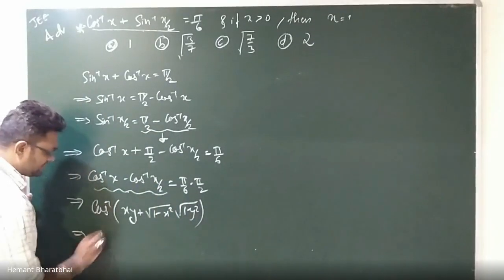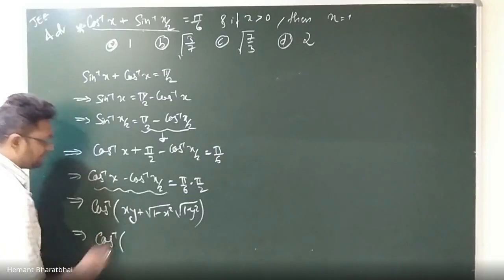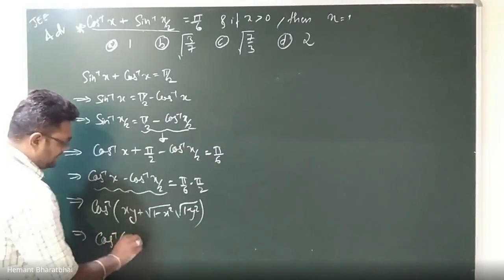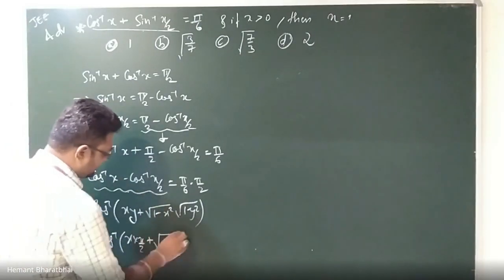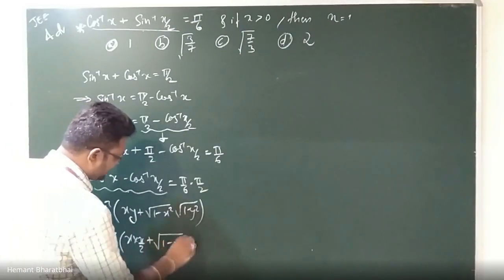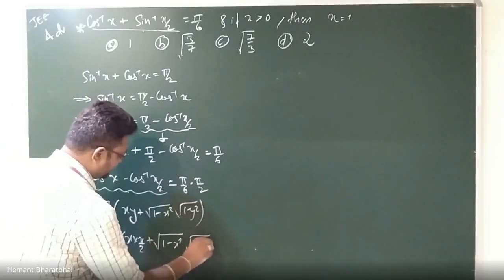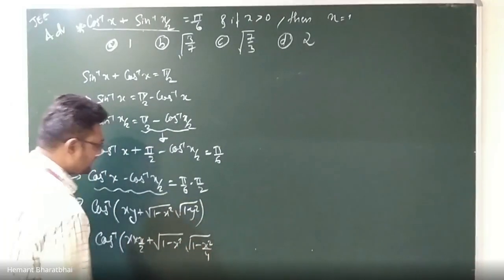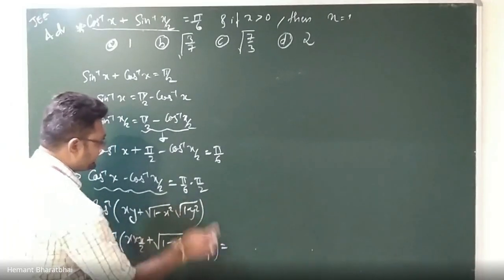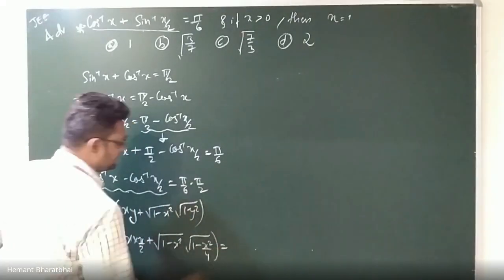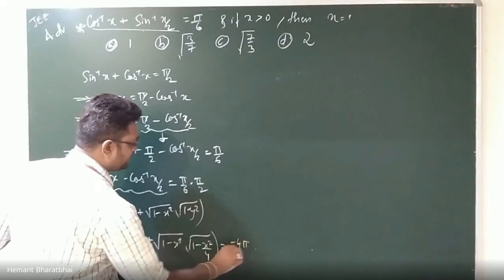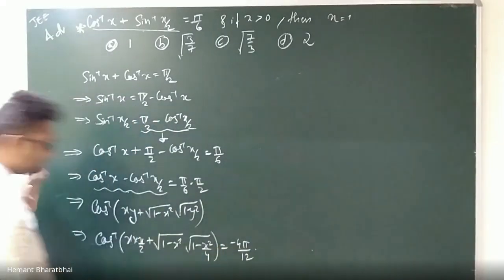So here this will become cos inverse of x into x by 2 plus under root of 1 minus x square into under root of 1 minus x square by 4, is equal to pi by 6 minus pi by 2, that will be minus 2 pi by 6, that is minus pi by 3.